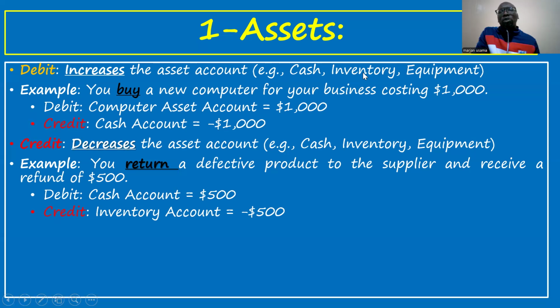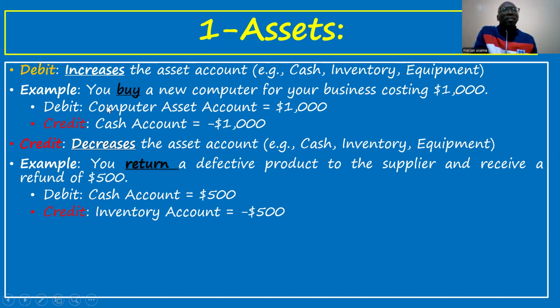Inventory are things in your store, and the equipment. For example, you buy a new computer for your business. You buy a computer, and the computer is $1,000. So how do you write this in your ledger book? How do you record this transaction?